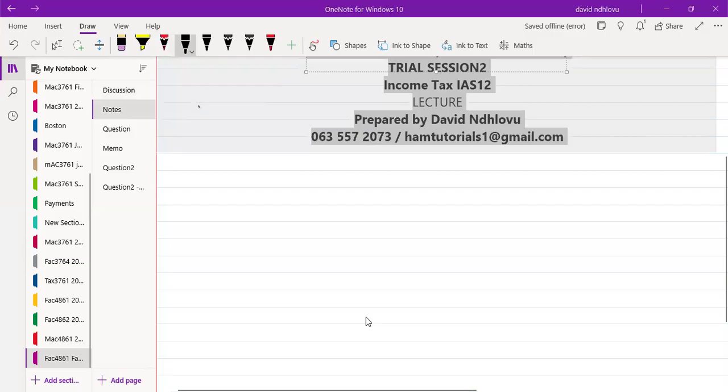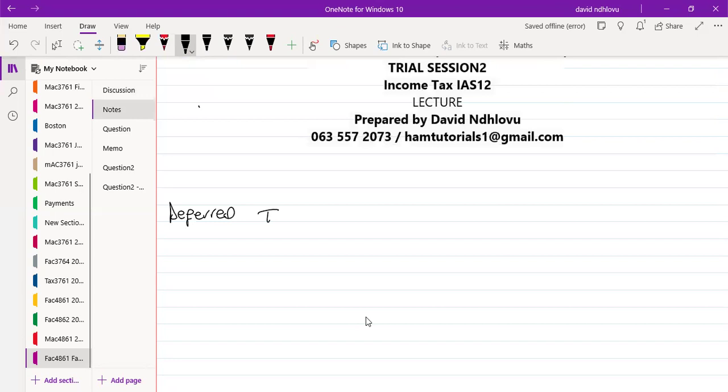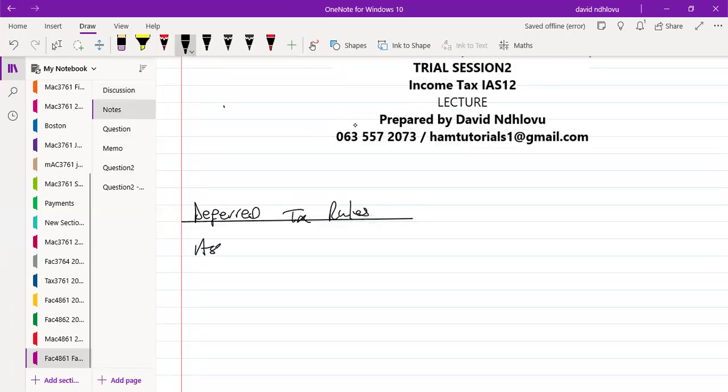Thank you. We call these the deferred tax rules. When you are dealing with an asset, if the carrying amount of the asset exceeds the tax base, then it gives a deferred tax liability.